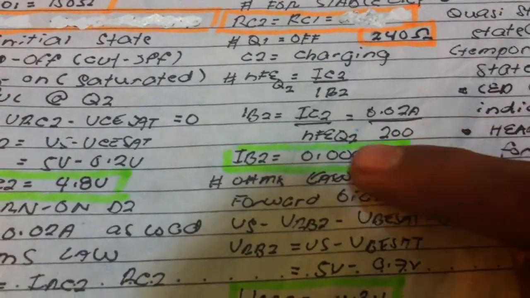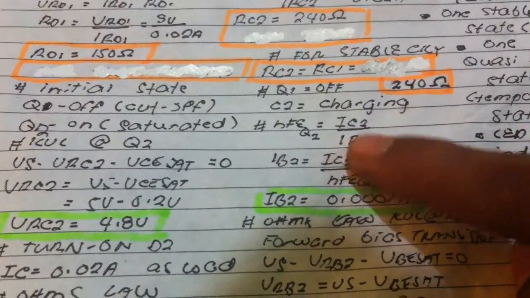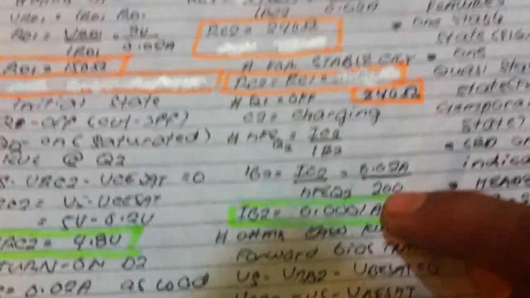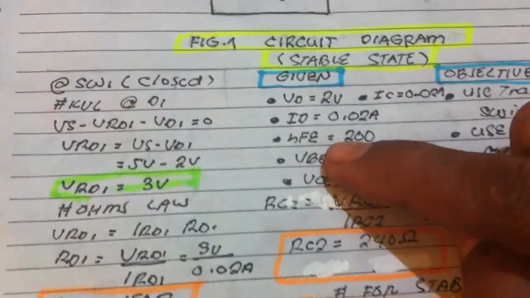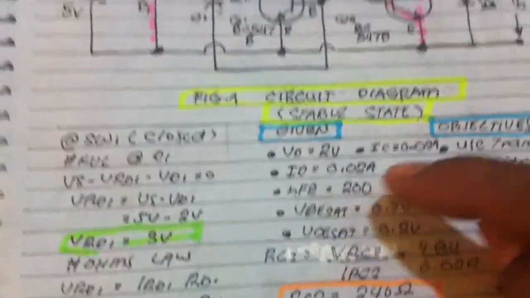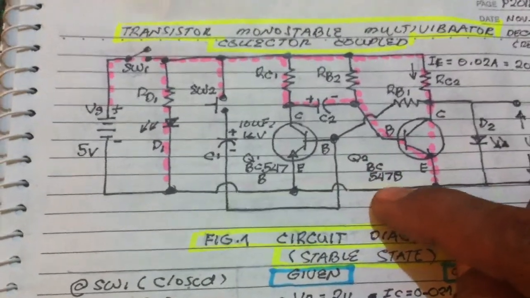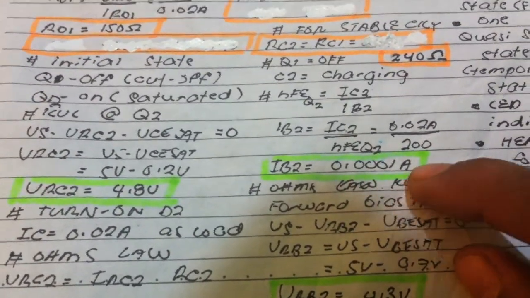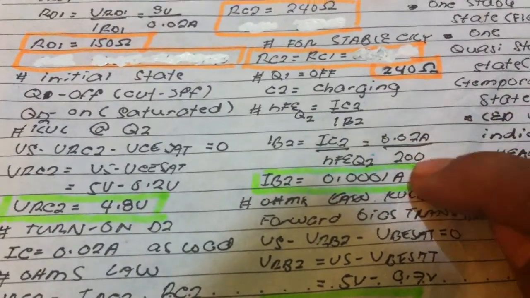So we get now IC over IB, transposition, and we have this HFE. HFE, the current gain of the transistor, is given in the datasheet of this BC547B. So by computing that, we got 0.001 ampere, IC over HFE.